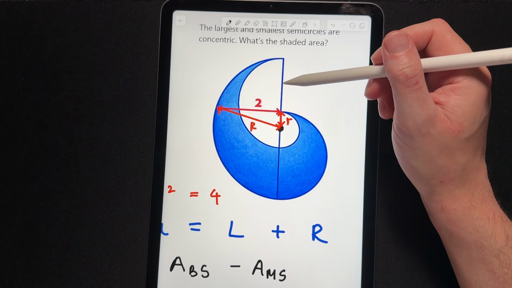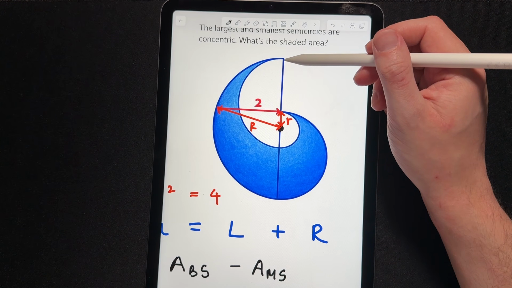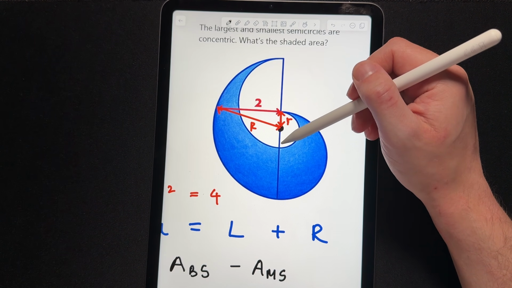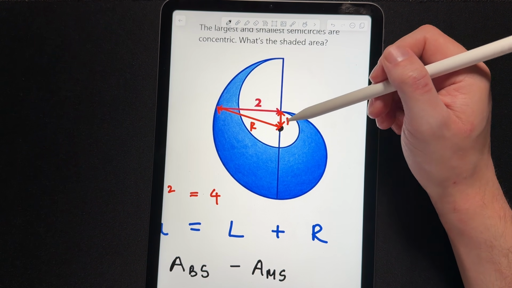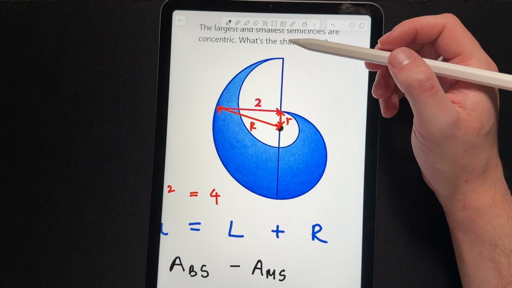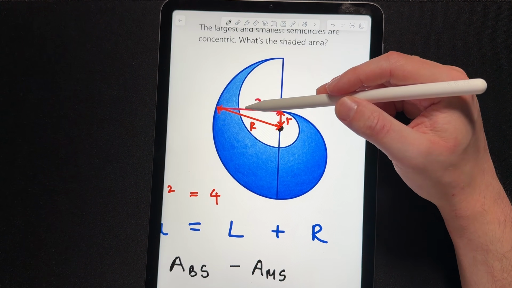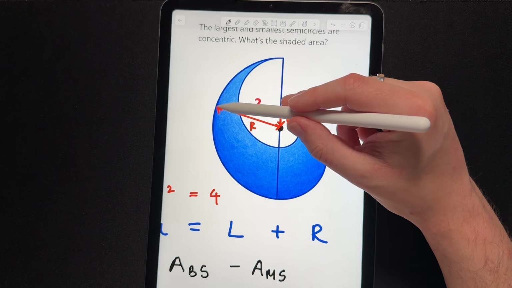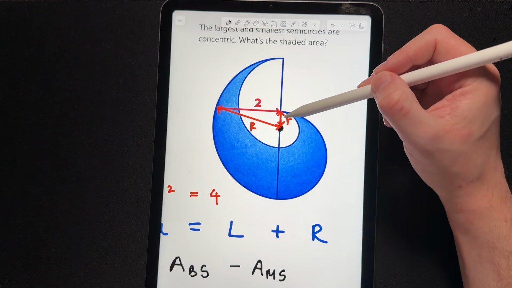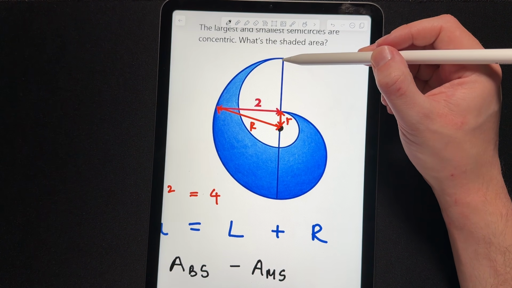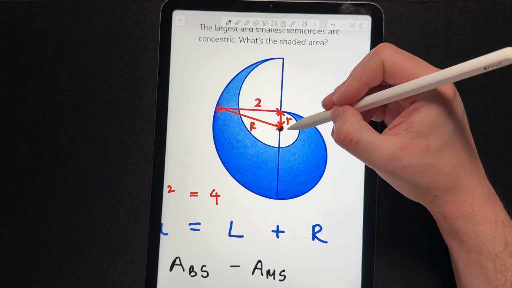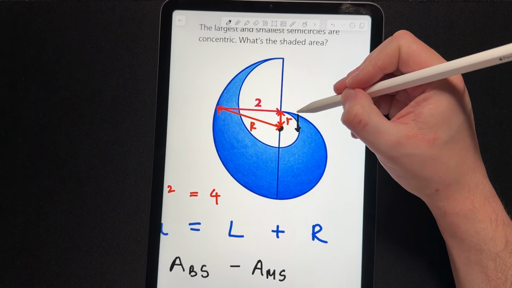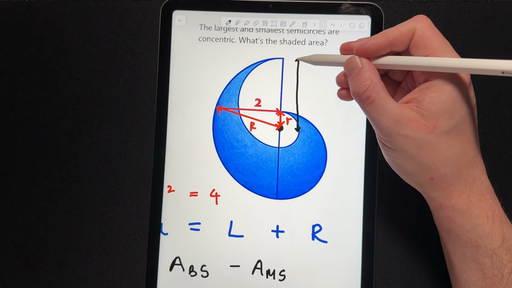We don't know the radius. We do, however, know the diameter, because the diameter is simply going to be this big R plus the little r, because if you extend that big R round, it's going to go from the center to this line here, from there all the way up to there.